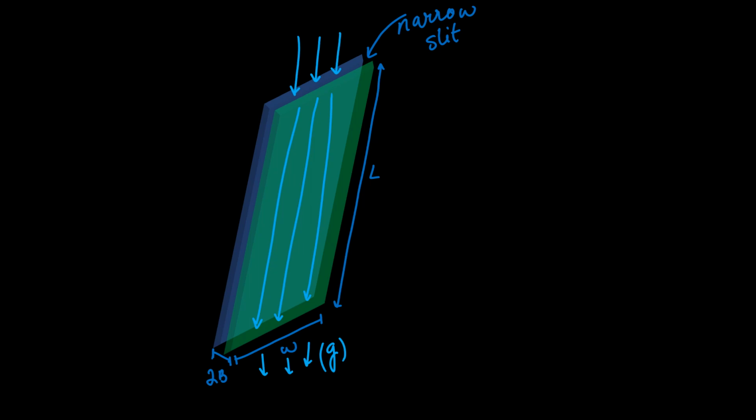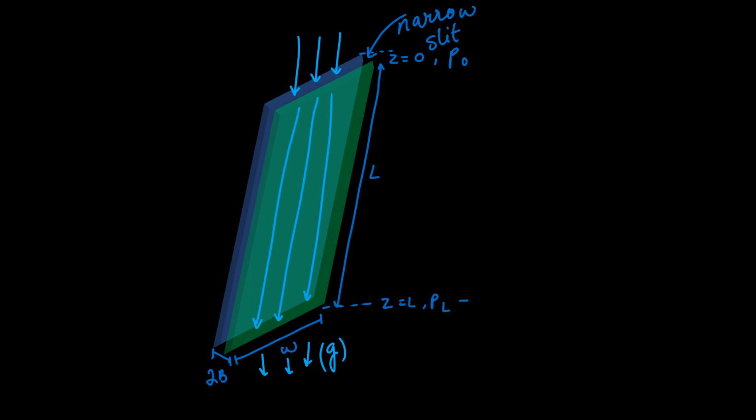Because of the two plates, pressure is forming at the datum. At datum z equals 0, P naught is the pressure, and at z equals L, PL is the pressure.